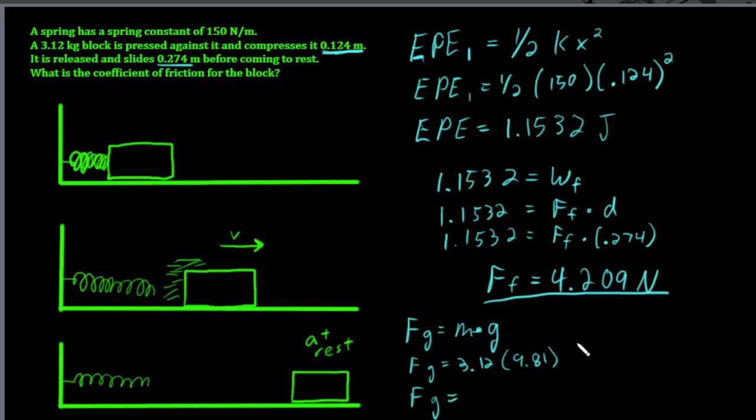And Fg equals 30.607. At this point, Fg is going to equal Fn, and we will have the value for Ff, and so we'll substitute those into mu equals Ff divided by Fn and get a value for that, and that will be our solution.